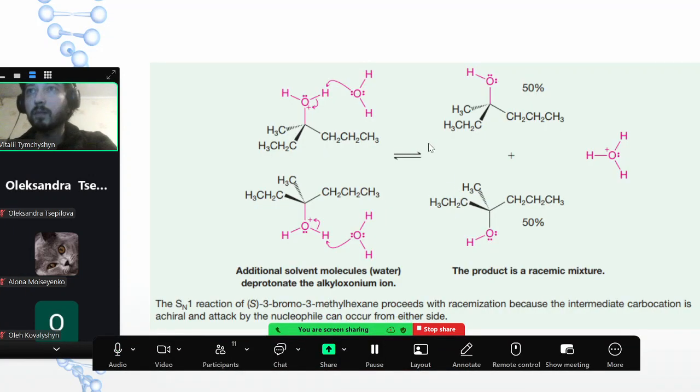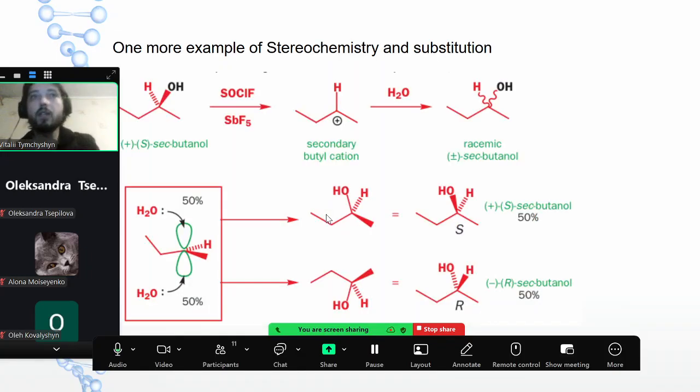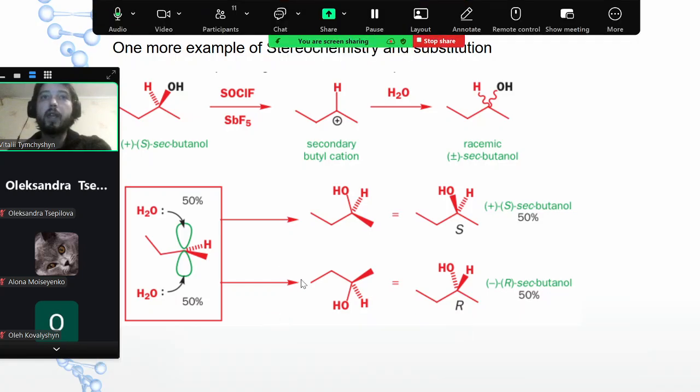Okay. Here is one more stereochemistry example. I guess we skip this a little bit. Once again, here you have water attacking from above or from below. You see this empty p orbital. These electrons are interacting with that p orbital to create a new bond. That's why we were paying so much attention to all those orbitals.